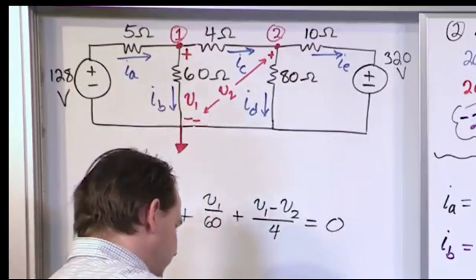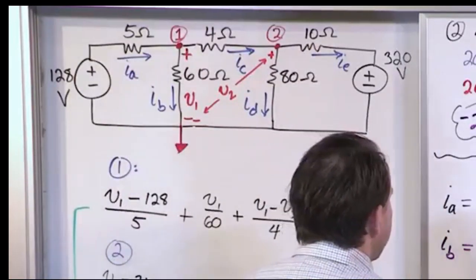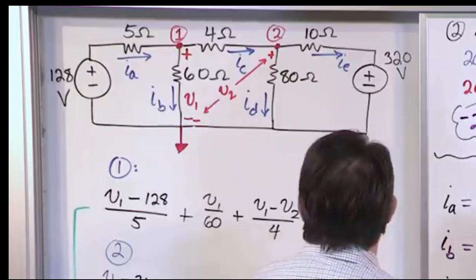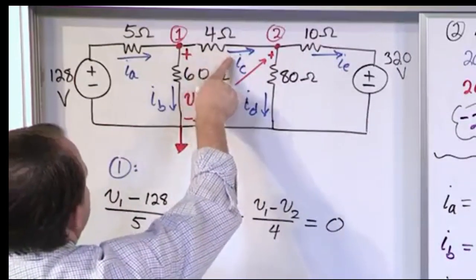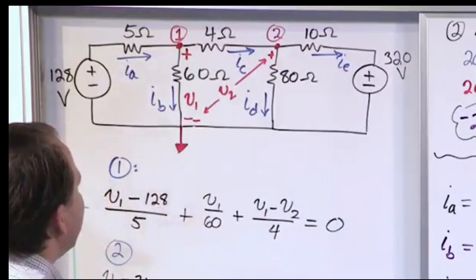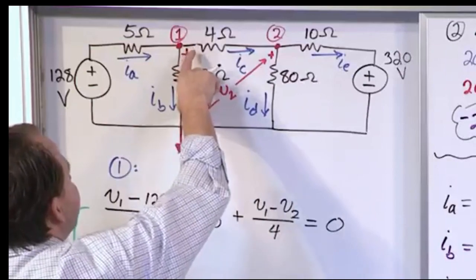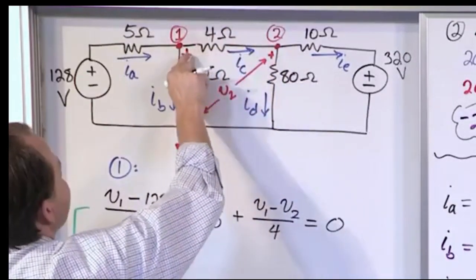All right, so let's switch back to black for IC. IC is drawn on the paper as going from this one across like this. So when we calculate IC, we have to pretend that this voltage is higher. V1 minus V2 gives me a drop in this direction.